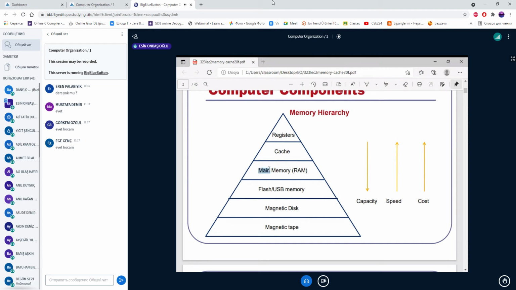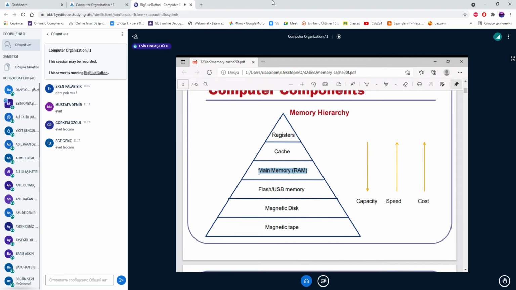Then comes the main memory. If we cannot store the data and program instructions inside the CPU, then we must have a memory which is out of the CPU and connected to the CPU by the system bus. The size of the main memory is obviously much larger than the size of the registers, but as it is out of the chip, access time to main memory is very slow when compared to registers.